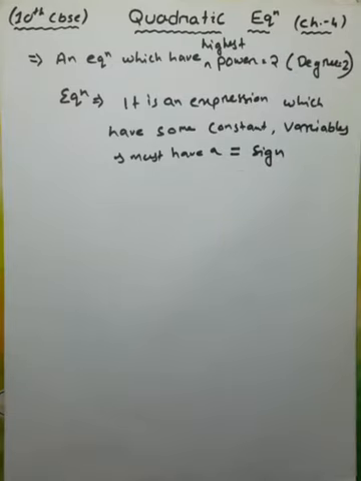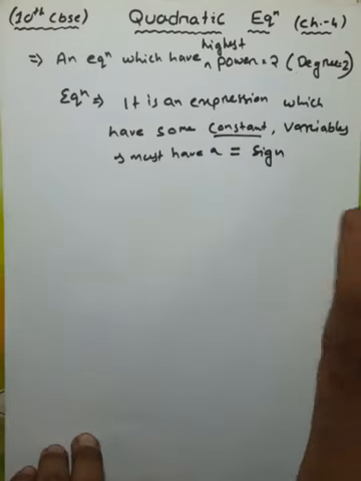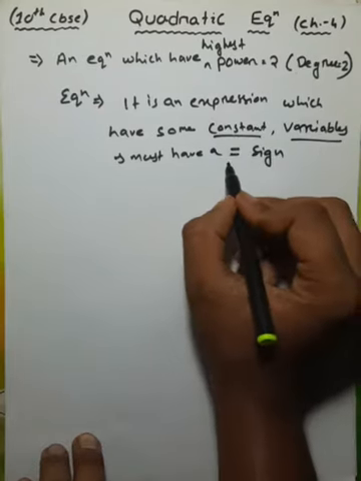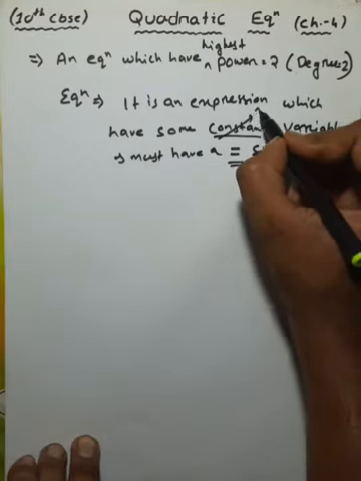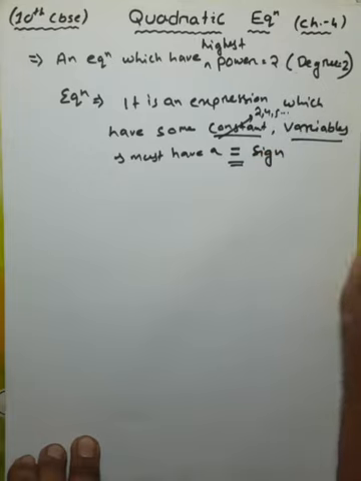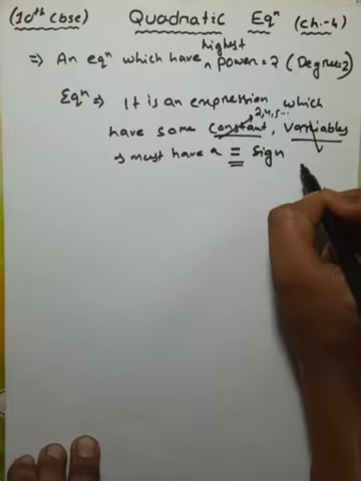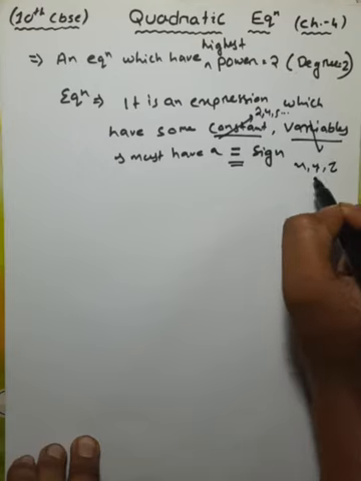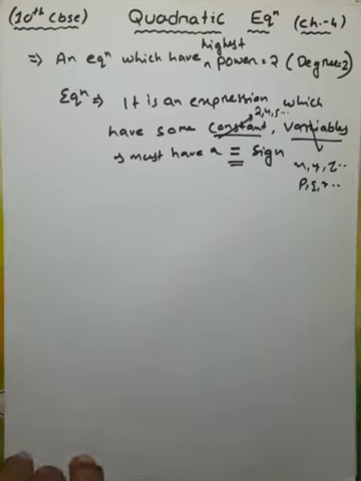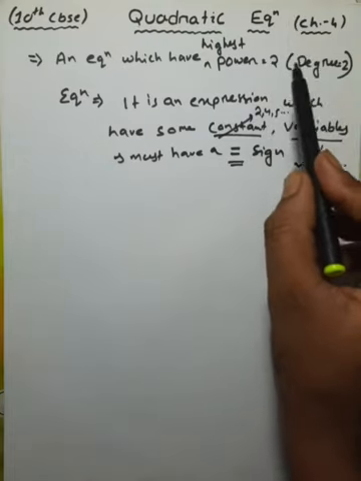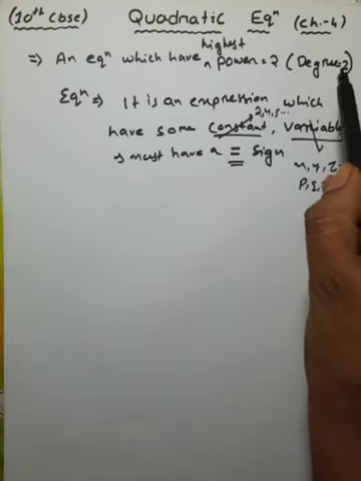Constants mean 2, 4, 5. Variables mean x, y, z, p, q, r. So now we know what is a quadratic equation. An equation which has degree 2 is called a quadratic equation.